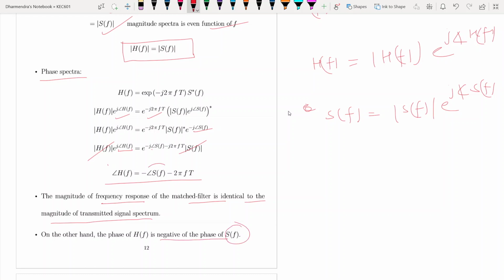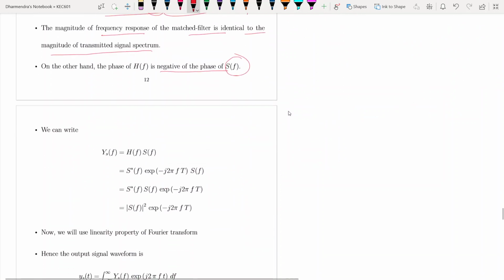This is the phase of capital S of f. Capital S of f is the Fourier transform of S of t. So now we can write the output of this.